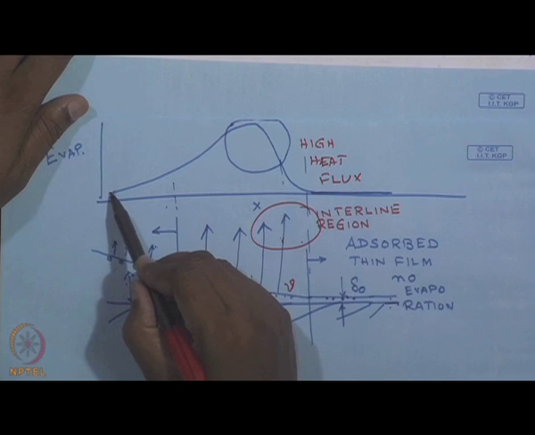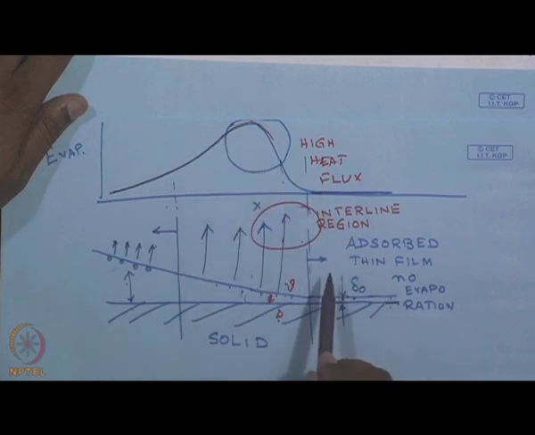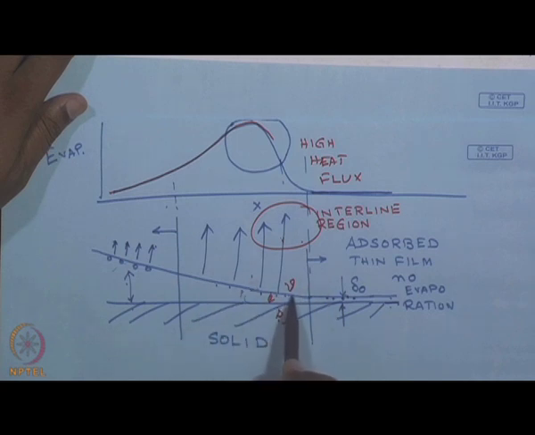So, this picture, this profile is going to be extremely important, and we will see experimental studies which look at this interline region and the balance of forces at these regions.